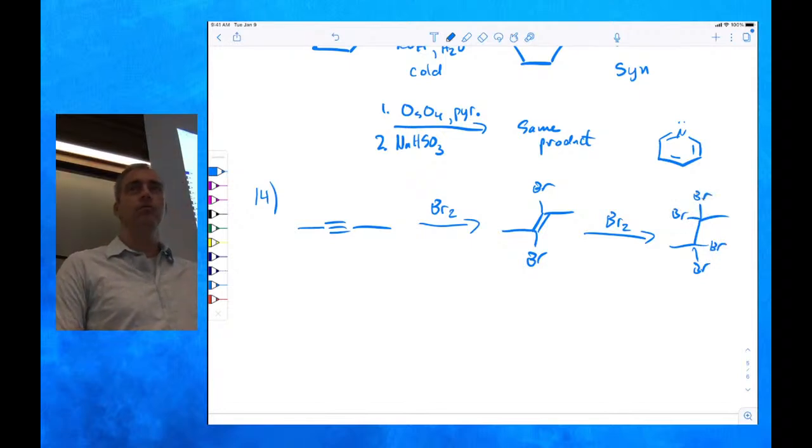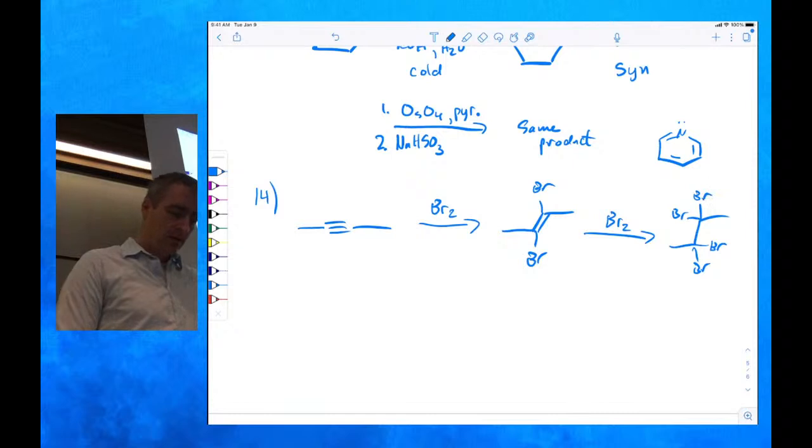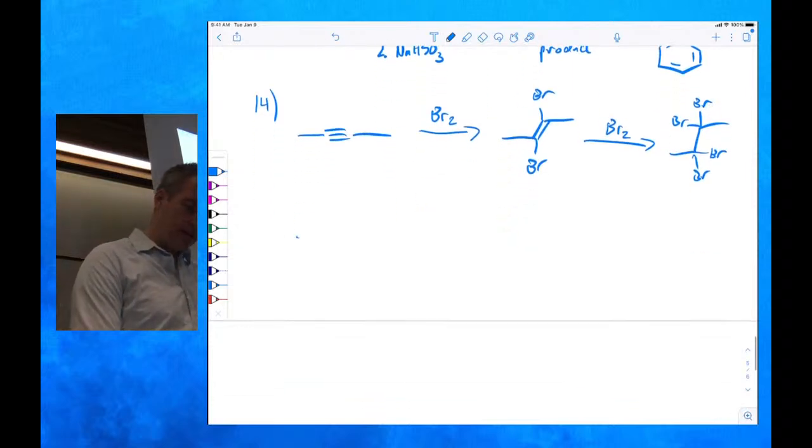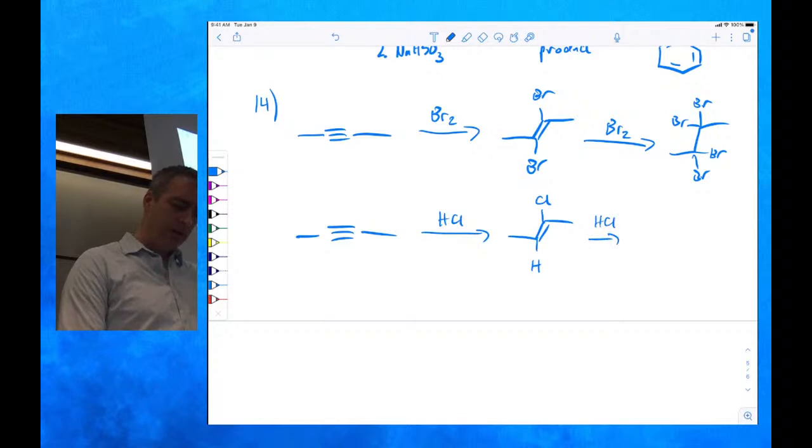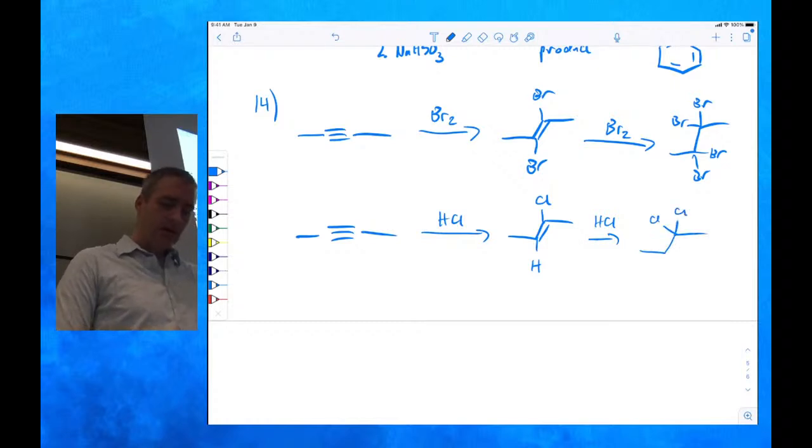You can add it twice. We also looked at addition of HX, something like HCl, and this will add like that. And you could add a second one, and I believe they both add same side to make a geminal dihalide.